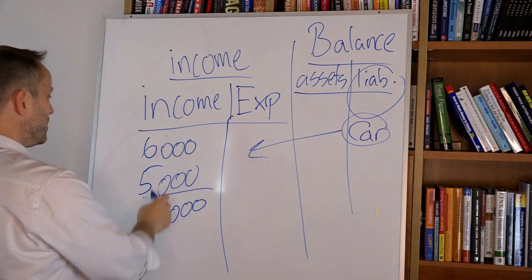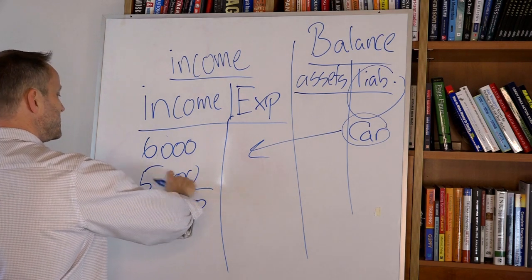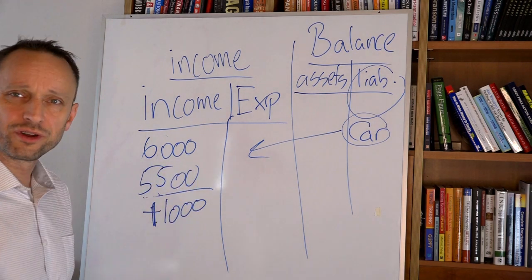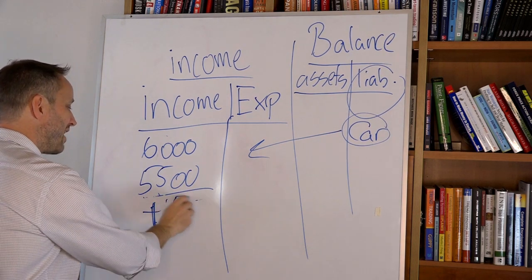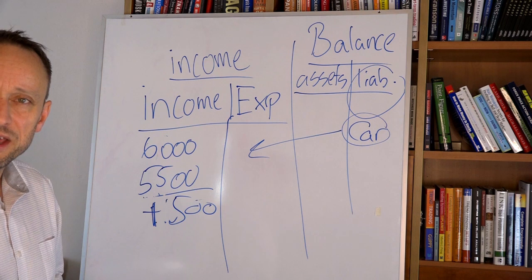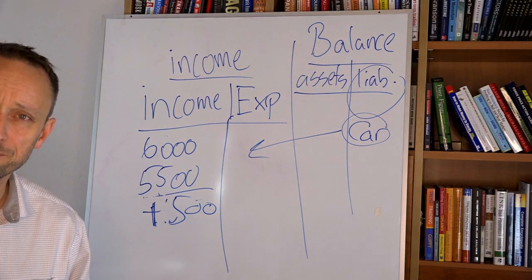So maybe all of a sudden this is $5,500 in expenses, meaning that now you only have $500 in the positive every single month.